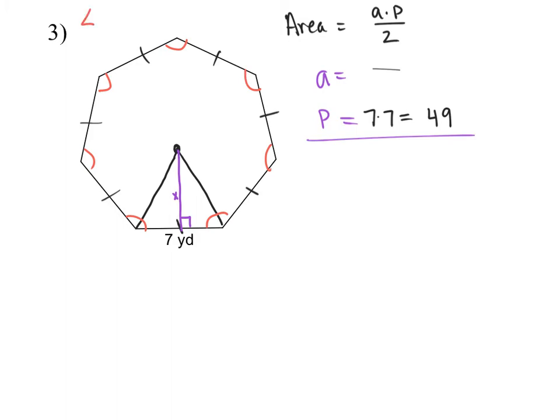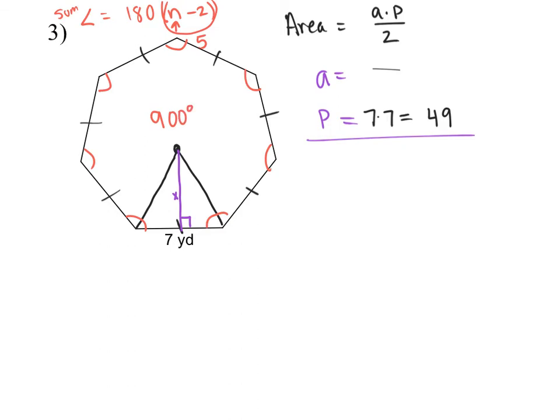Remember, the sum of the angles of any shape has to equal 180 times n minus 2. N is the number of sides. There are 7 sides here, so 7 minus 2 is 5. I'm going to take 180 times 5, and I know all of the angles of this shape have to add to 900 degrees, all of them together.